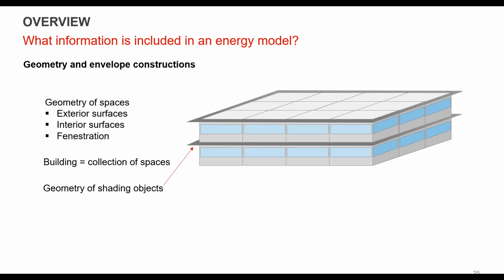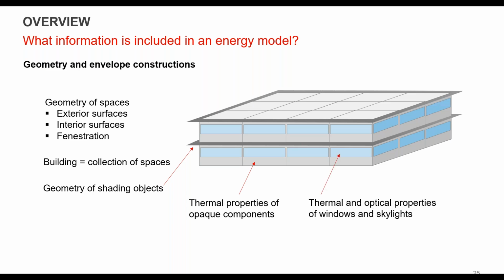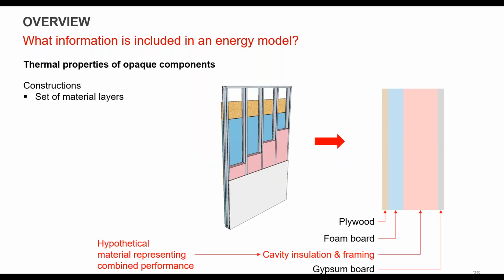Again, this is how you're starting to build a model, is that you're modeling a bunch of spaces and they're combined into a building. You could have shading. You will also be defining the thermal properties for all of your opaque surfaces and your fenestration components as well. So you'll be putting in the heat transfer performance of all of these different components. On the opaque side, generally you might get some sort of built up assembly.